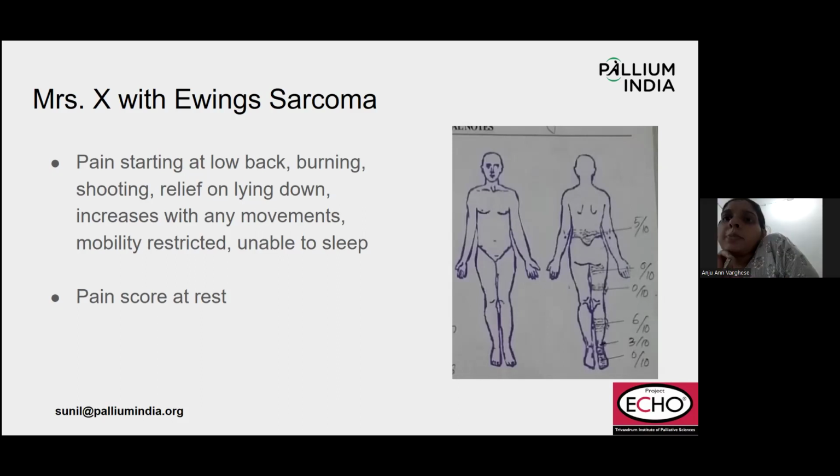This patient is having spinal cord compression. So the first step is to decompress the spinal cord by giving radiotherapy to this patient. Then we will treat the pain with morphine or other opioids. Okay. Anyway, the oncologist deferred radiotherapy. So, what are the other options? Morphine, and we can use methadone for this patient. It's a strong opioid. Okay.